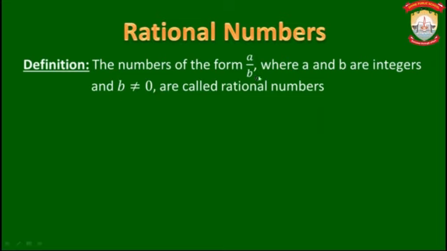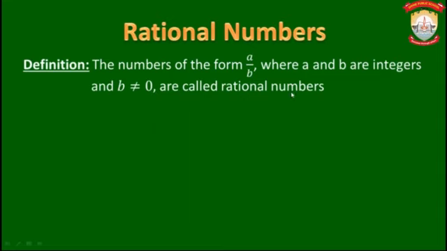The second condition is the numbers a and b should be integers. This means that numerator a can be a positive integer, negative integer or 0. But the denominator b will be either a positive integer or negative integer only. It can never be 0, which is also the third condition.